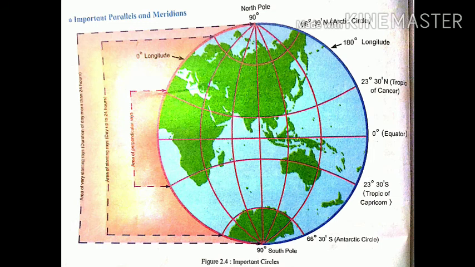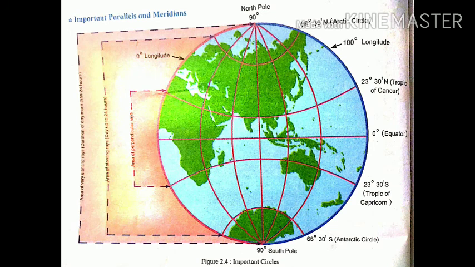There are different important parallels and meridians on the surface of the earth. The first important parallels are 90 degree North Pole and South Pole, which are present in the diagram. As you can see, 90 degree North Pole and South Pole are at the top corner and bottommost corner of the diagram.